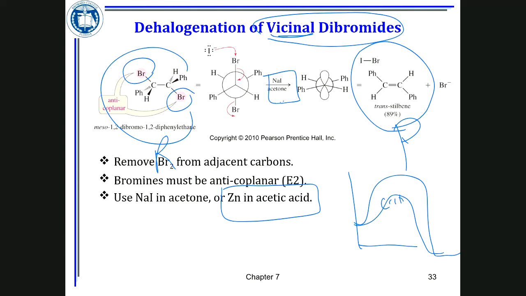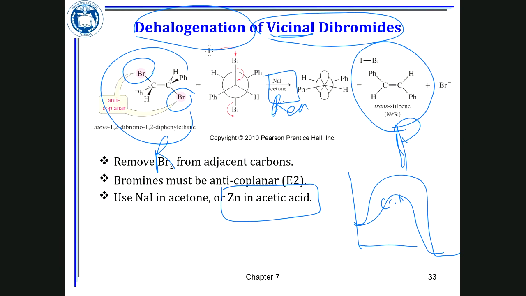So if the reaction requires a catalyst, you must memorize the catalyst also. You must memorize the reagent, and you need to know your reactant and what's your product. When you study the reaction, you want to know the mechanism of the reaction and how the structure of the product is affected. So for dehalogenation and dehydrohalogenation, the abstraction is anti-coplanar.